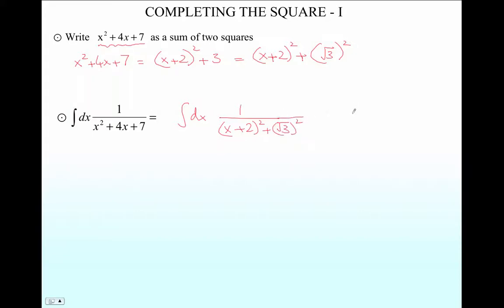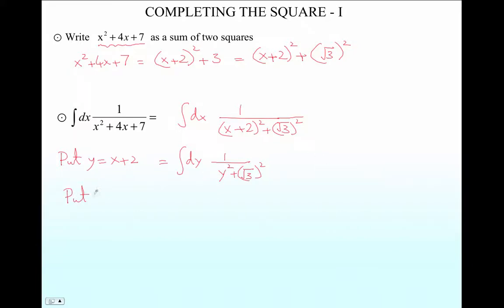Now, let me make a substitution. Let me put y equal to x plus 2. So dy is equal to dx. And so this is dy over y squared plus square root of 3 squared. And now let me make a further substitution.